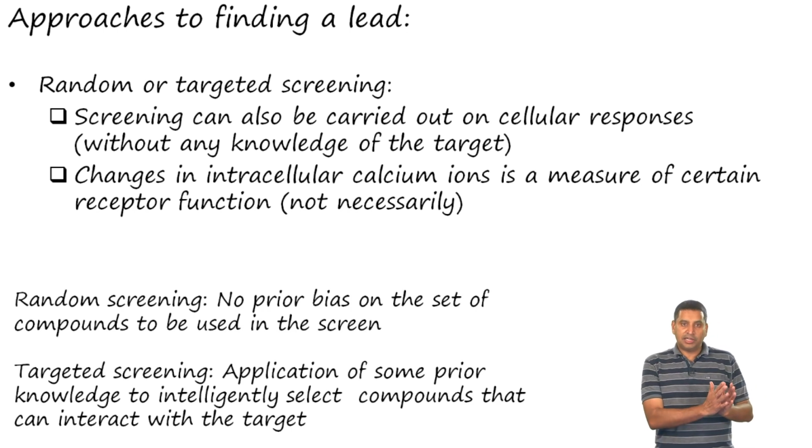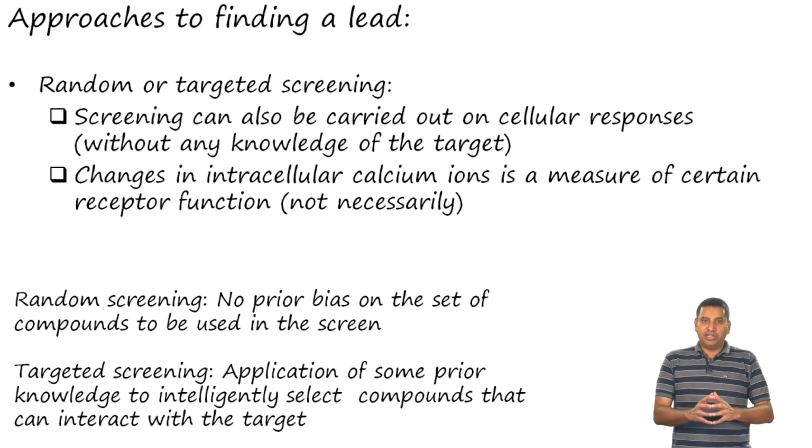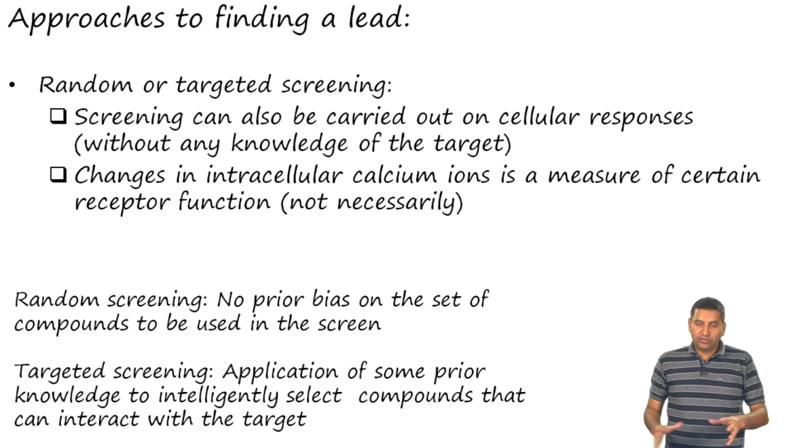Now, the difference between random screening and targeted screening is very simple. In random screening, in the set of compounds that are assembled, we do not have any bias. Okay. What that means is that we will look at diverse scaffolds or a diverse set of structures, so that we can maximize the chemical space that we are working with.